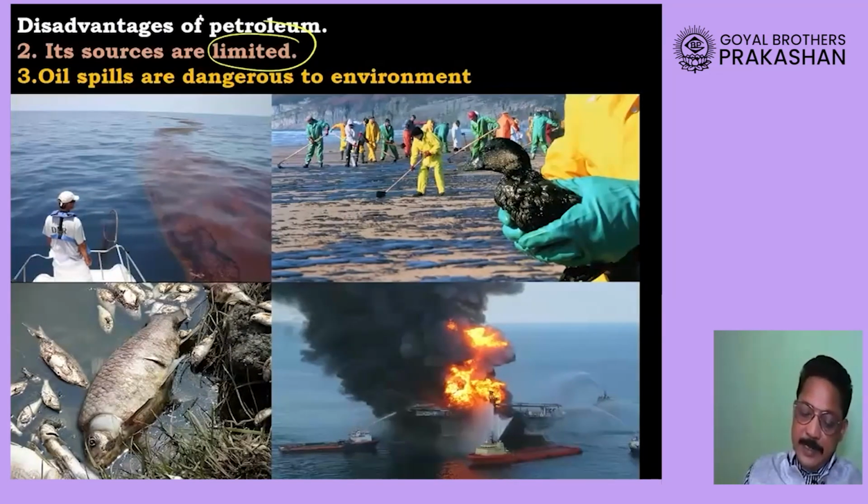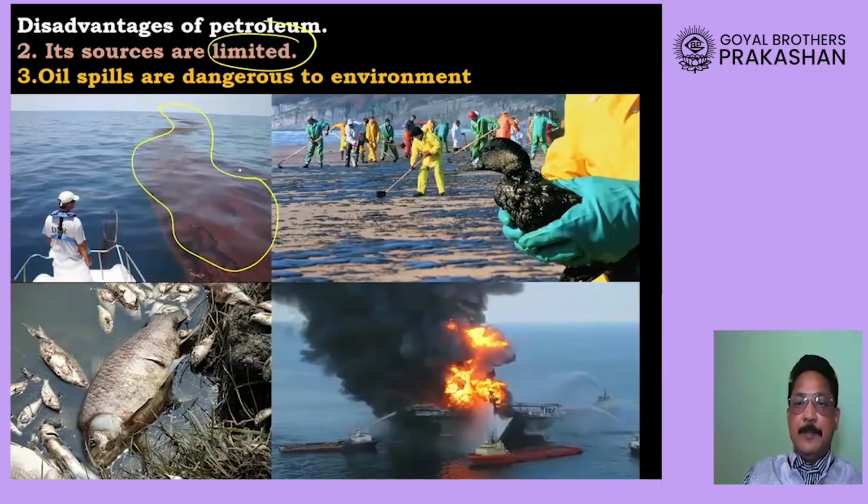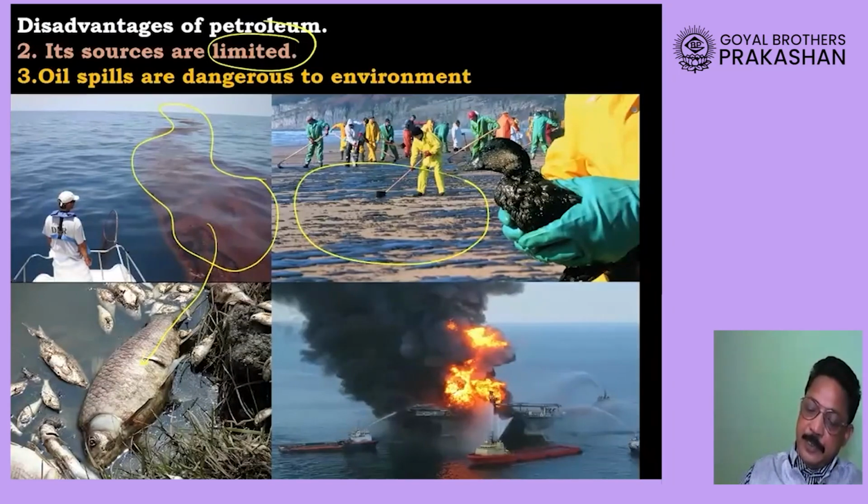Then now look at this. When we are transporting this petroleum, do you see there is a leakage of this petroleum? And what will happen because of this leakage, dear student? Now look at this. It will cause destruction of marine life, as well as you see here, when this petroleum flows towards the seashore, the seashores will also lose their beauty.